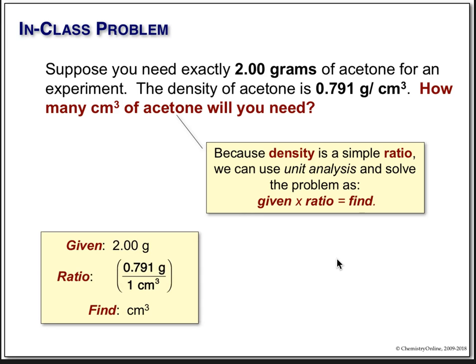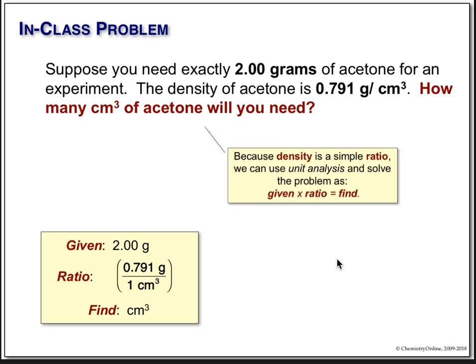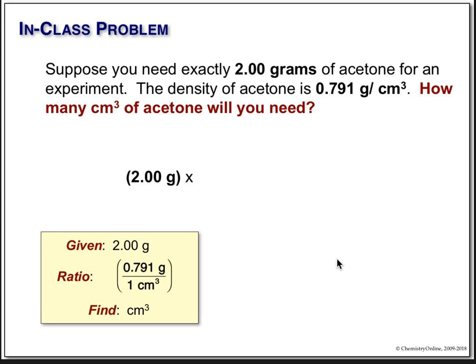Two grams is our given. Our ratio is simply our density. Grams must be in our denominator, so we're going to turn it upside down, right? Start off with our given.